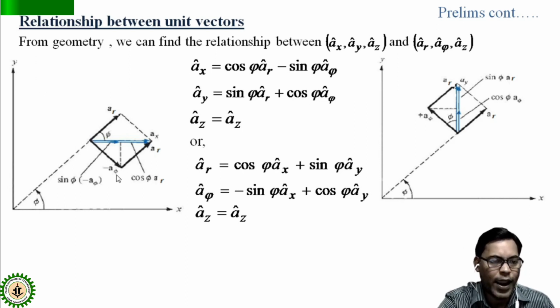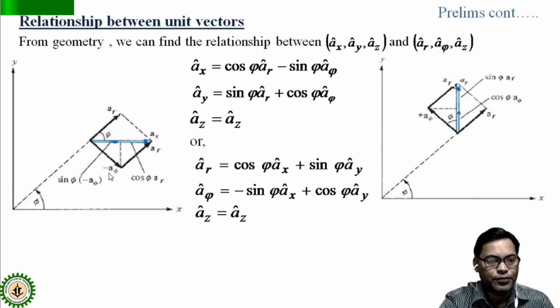Now, we want to find out the component of minus aφ along the x direction. Here you see that ar and aφ are at 90 degrees, so the angle between ax and minus aφ will be 90 minus phi. If this is 90 minus phi, then what will we get?